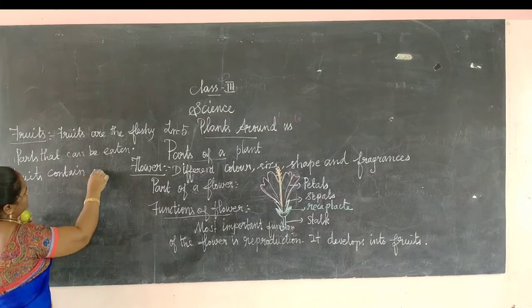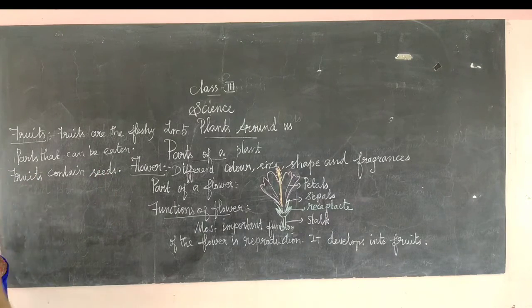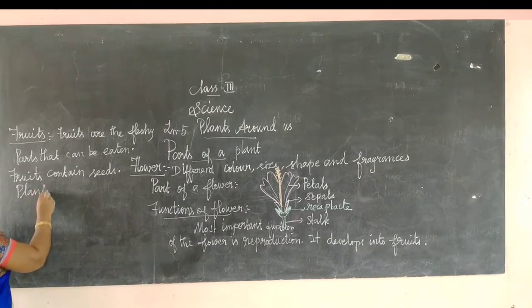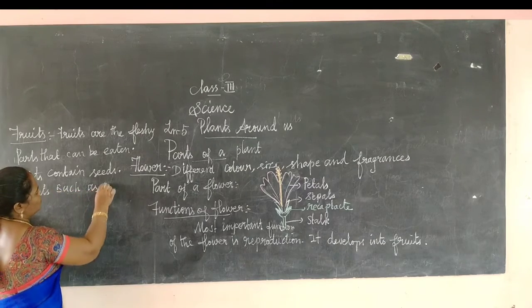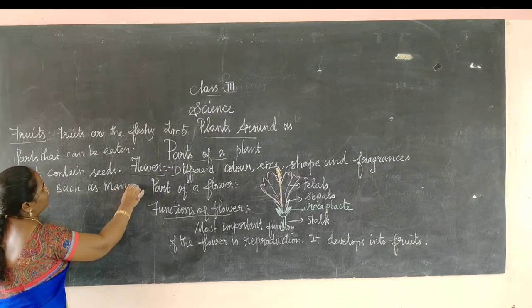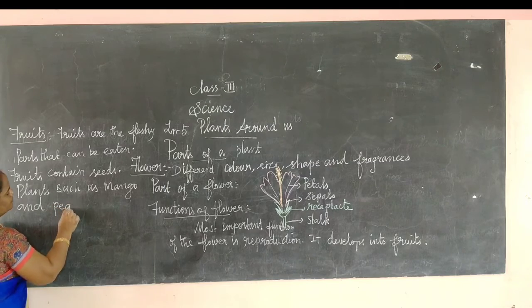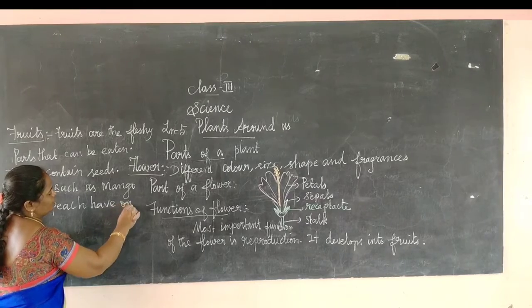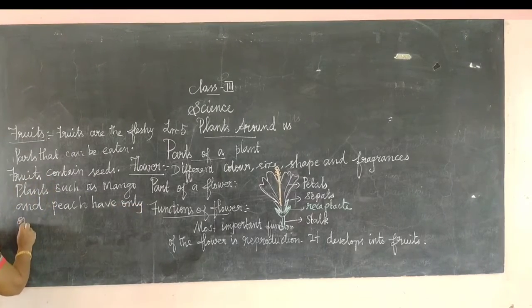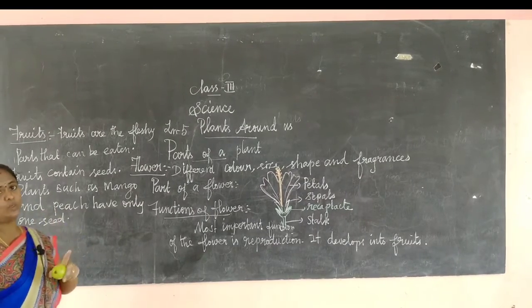Some plants such as mango and peach have only one seed. சில ஃப்ரூட்ஸில் பார்த்தீங்கன்னா ஒரே ஒரு சீட் தான் இருக்கும்.